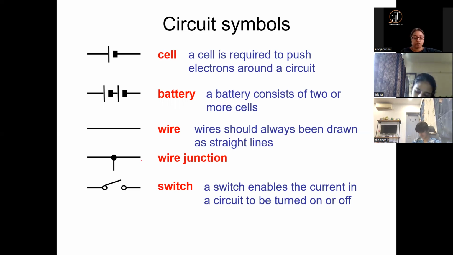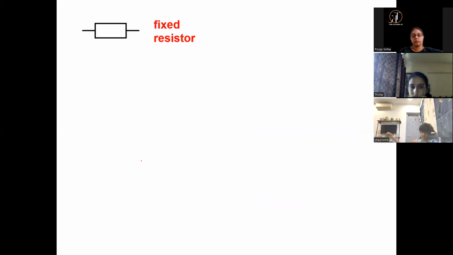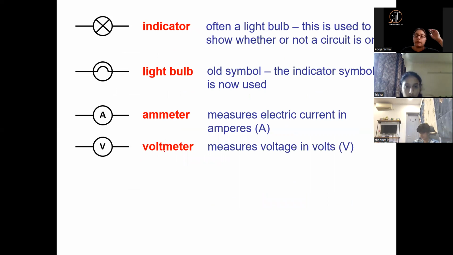One second. Done. So she is done till switch. Don't need to write all of the write-up. Just draw the symbol and the name. Cell, battery, wire junction, and switch. I'm done. Indicator, light bulb, ammeter, voltmeter.